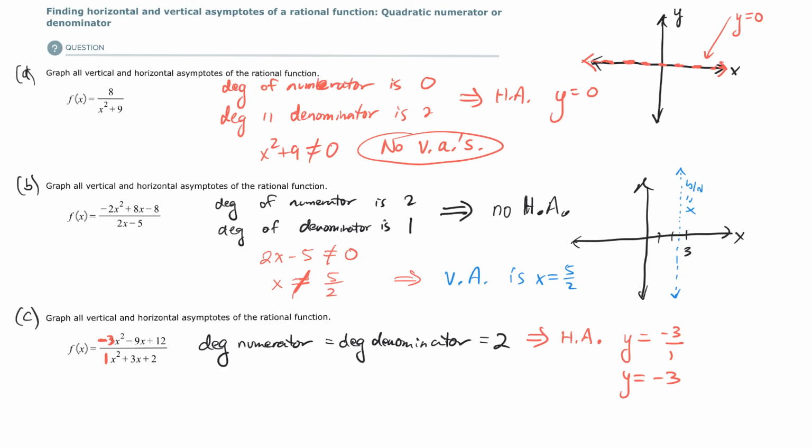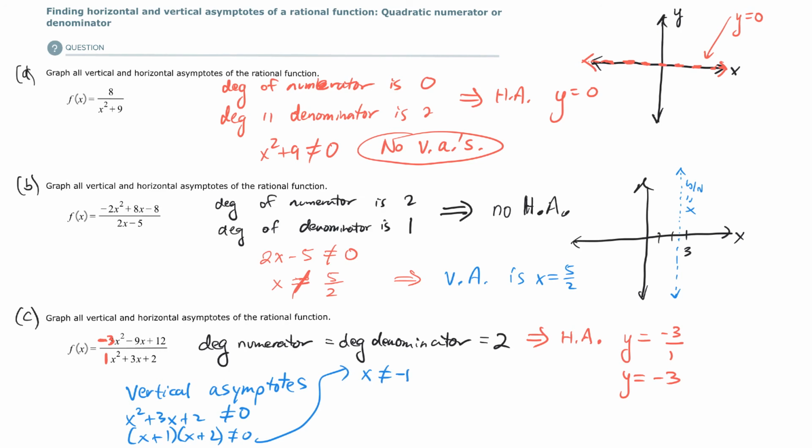Yes, yes, yes. Vertical asymptotes, we could find those as well. And the way we do that is make sure that the denominator is not 0. But this has a nice pattern, in fact, with factors. So x cannot be negative 1, and x cannot be negative 2.